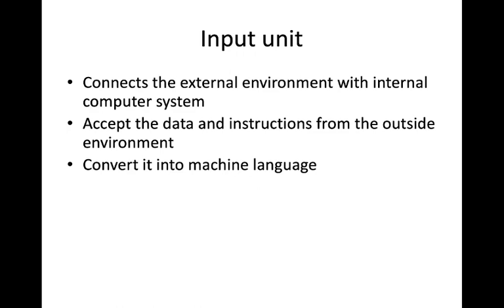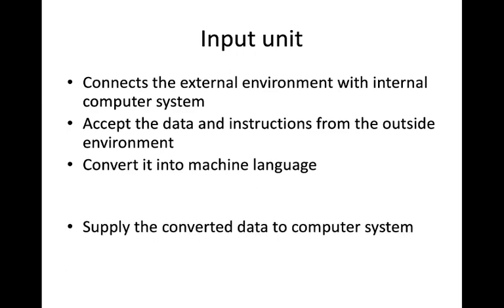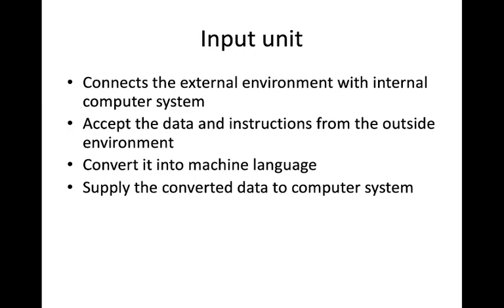The input may be an image, an electric signal or electric pulse, a video, a mouse click, or a keyboard press. It accepts those data and instructions from the outside environment, converts them into machine language, and then supplies the converted data to the computer system. So this is the process of how an input unit works.